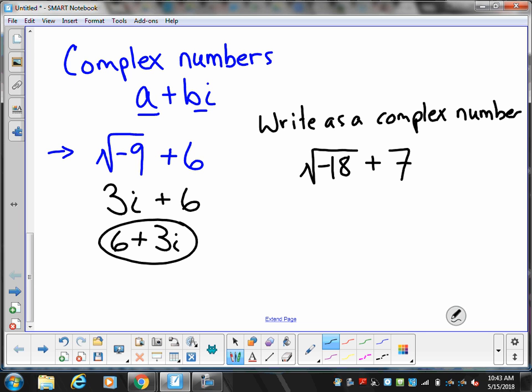Okay. Square root of negative 18 plus 7. Square root of negative 18 plus 7.